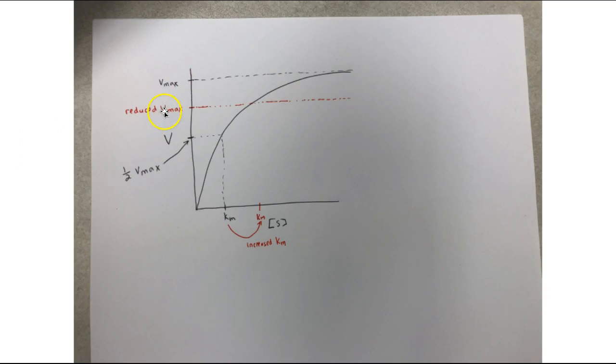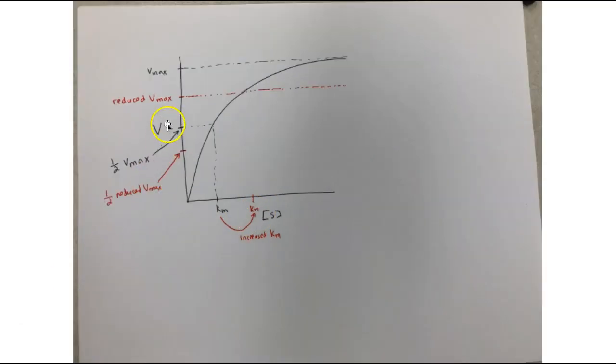So here's going to be our reduced Vmax. Here is our increased Km. If this is our reduced Vmax, our 1/2 Vmax is also going to be reduced. So now 1/2 Vmax is going to be at a lower point on the y-axis than 1/2 Vmax was for the uninhibited enzyme.